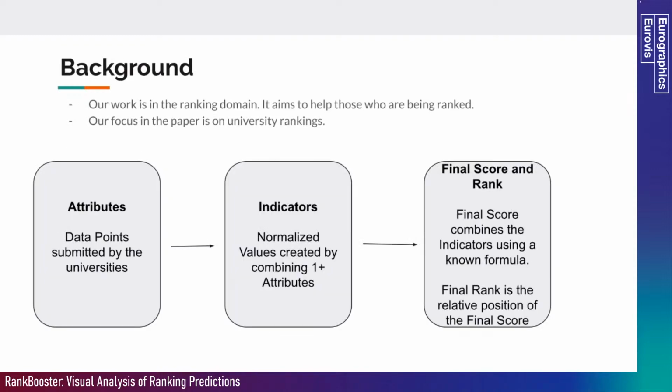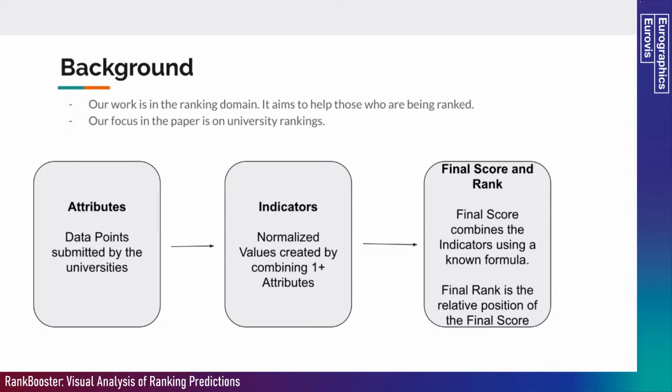Now, our work is in the ranking domain, and it aims to help those who are being ranked by a body or authority. As our focus is on university rankings, here is some background information on those sorts of systems. First, we have the attributes, which are data points that are collected and submitted by the universities to the body. Then, we have the indicators.